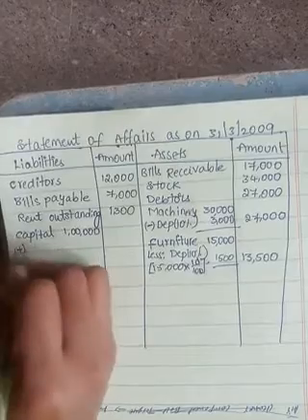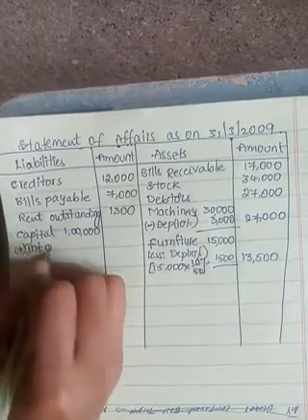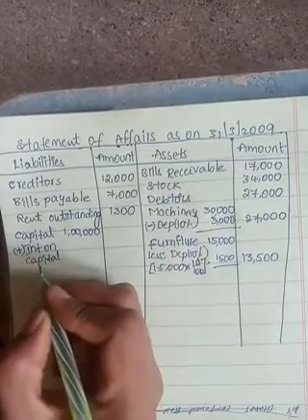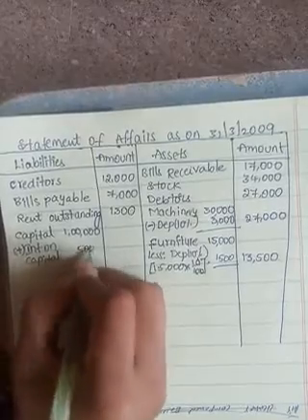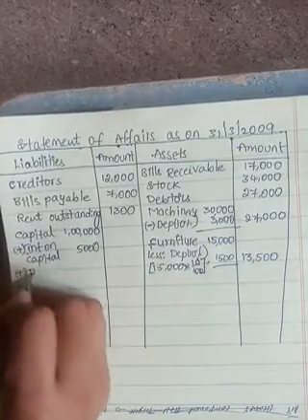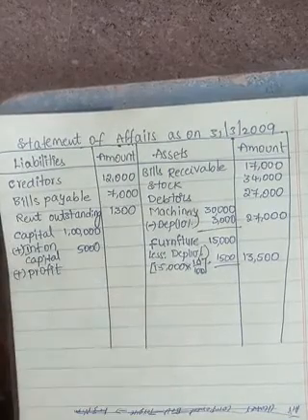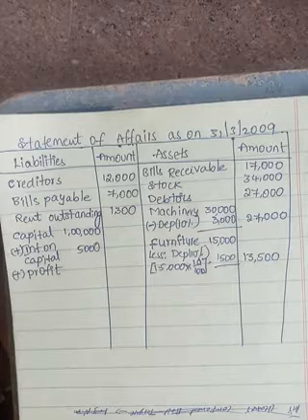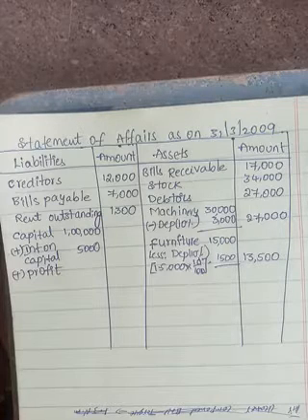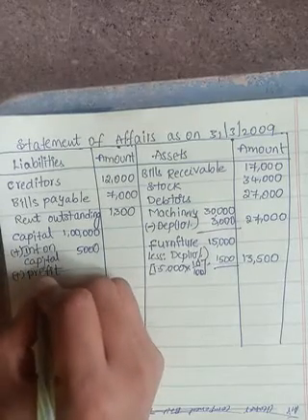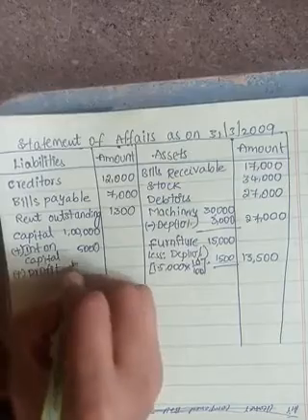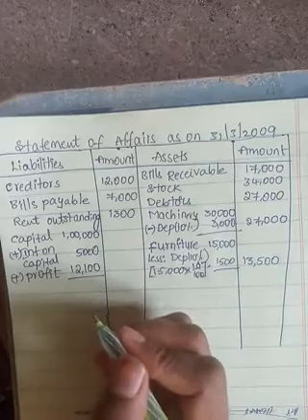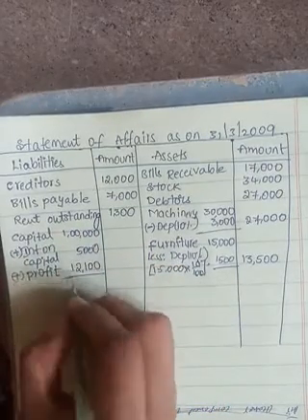Add interest on capital, 5,000. Add profit. If profit is obtained we add it to the capital; if loss is obtained, it is deducted. In this problem, profit is 12,100. The total is 1,17,100.